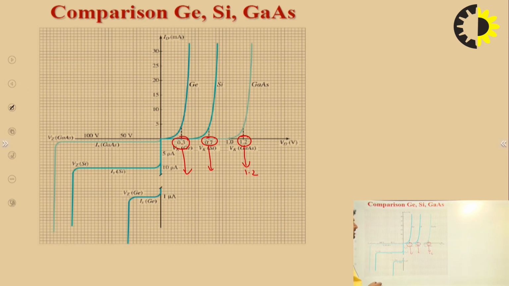So we can easily differentiate in forward bias how we utilize these diodes, whether they are made of indirect band gap material like germanium and silicon, or direct band gap material like gallium arsenide. And this is the reverse.